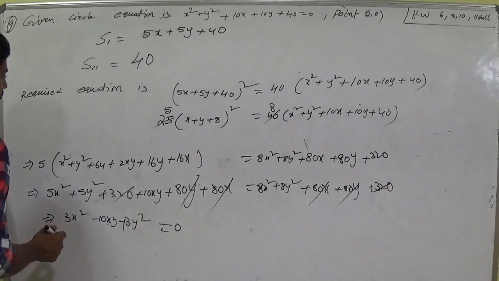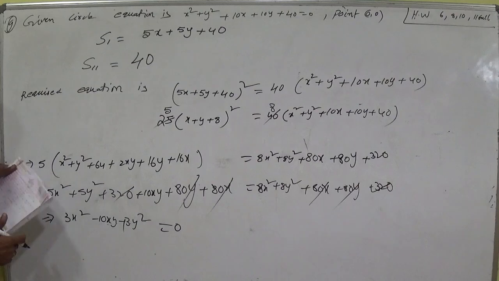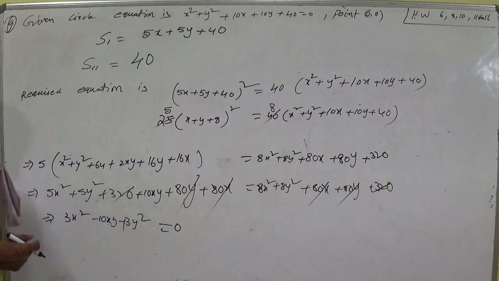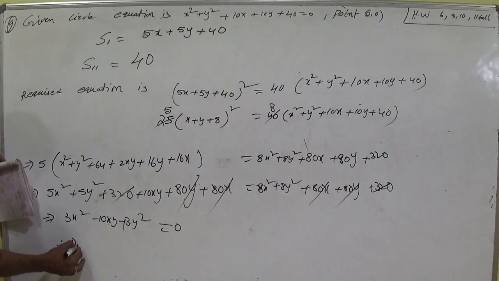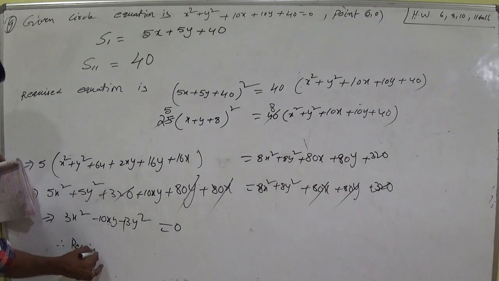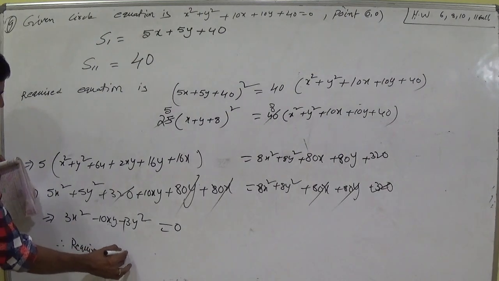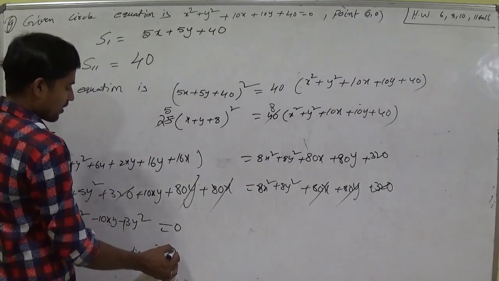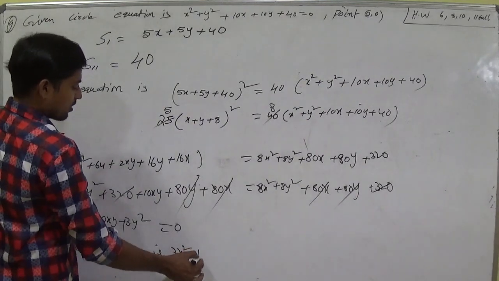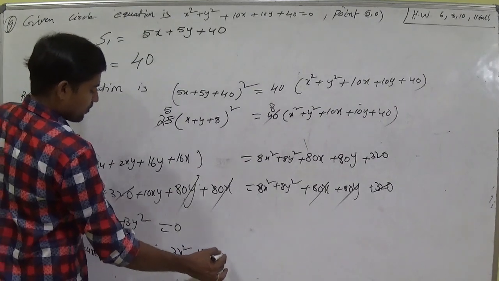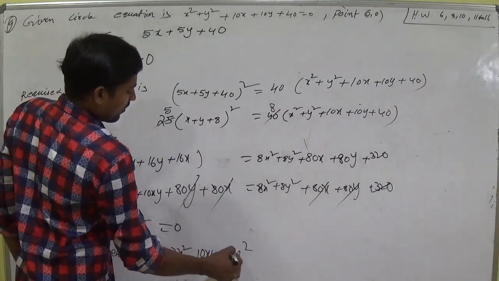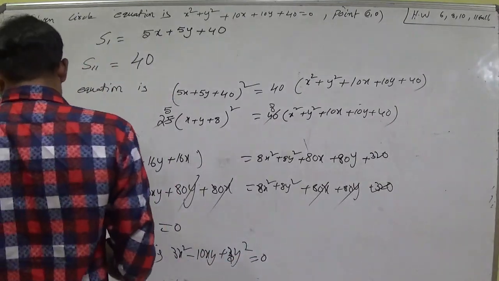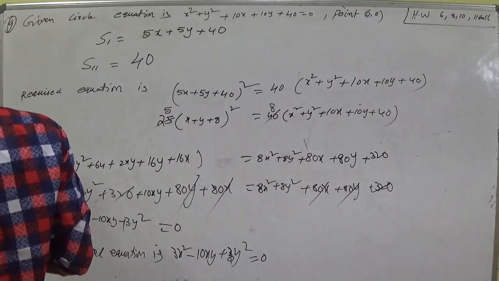Therefore, the required equation of the tangents is 3x square minus 10xy plus 3y square equal to 0. Next, the 12th one.